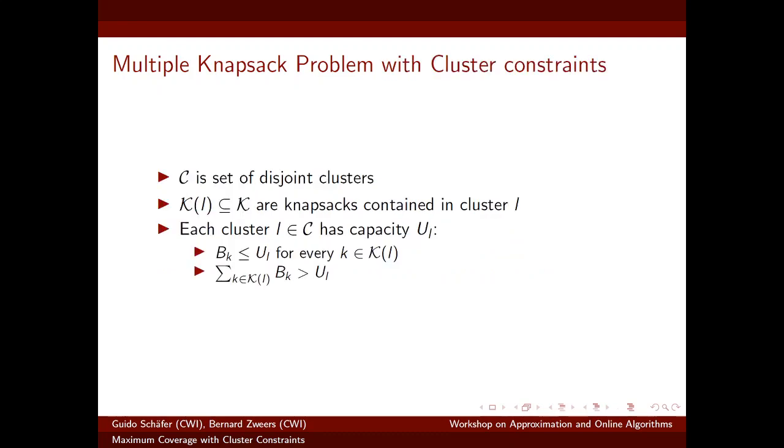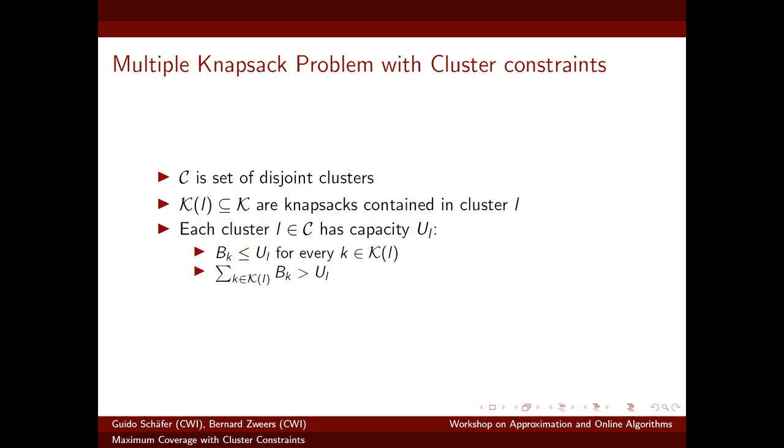Now we will assume a new problem, the multiple knapsack problem with cluster constraints. We have a set of disjoint clusters, and we know which knapsacks are part of each cluster.